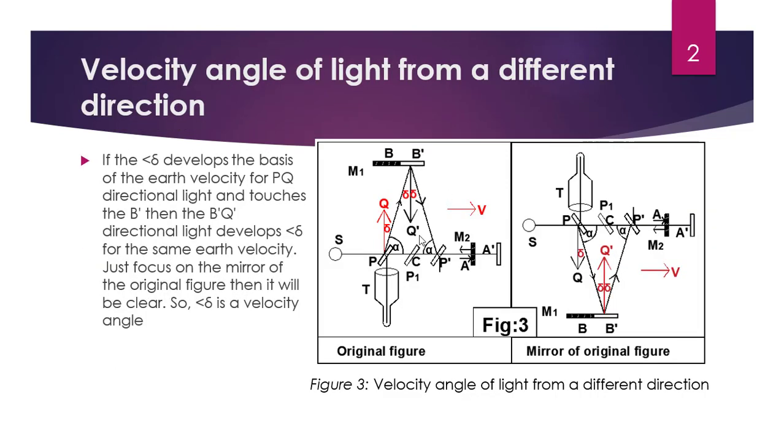If the B dash Q dash directional light is shifted for the arc velocity, it develops a delta. Same as the P dash Q dash directional light developed a delta, the B dash Q dash directional light also developed a delta.